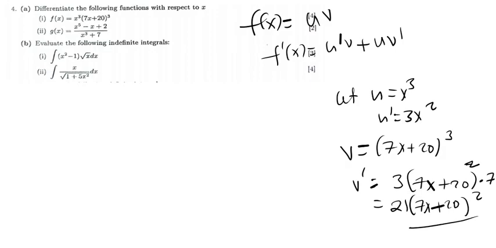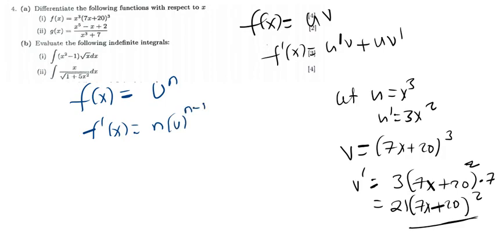That is the v prime. Now in case you are confused when you're talking about chain rule, if you have got f of x equal to u raised to the power n, the derivative of this, if you are using chain rule, you drop the power, the inside part remains the same, the power reduces by 1, times u prime. That is what I've done there.